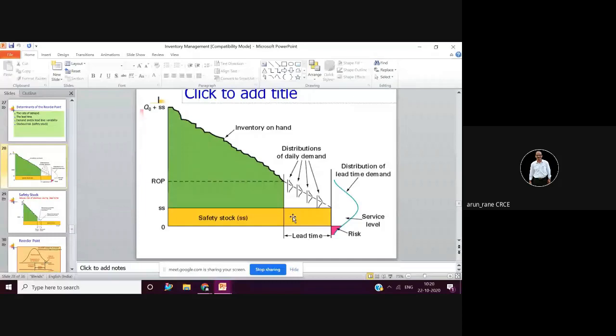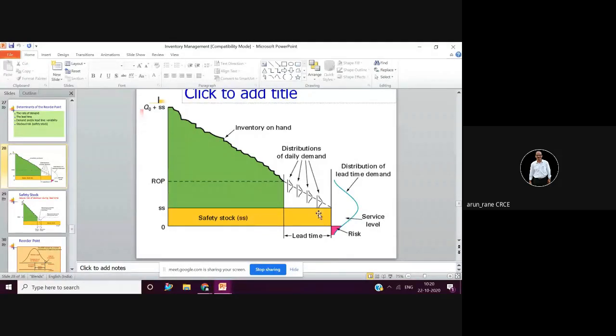So you are aware of the lead time, the safety stock, and the inventory on hand, and accordingly you decide your reorder point. This is a graph of the distribution of the lead time demand, and as you can see, it follows a normal distribution.